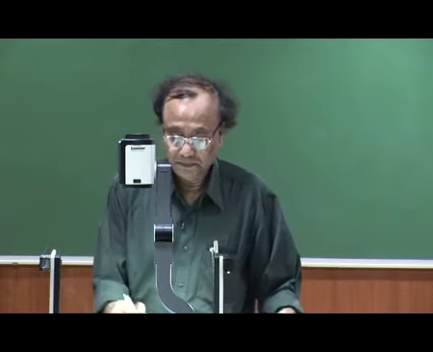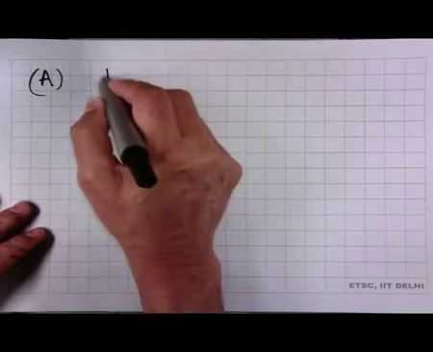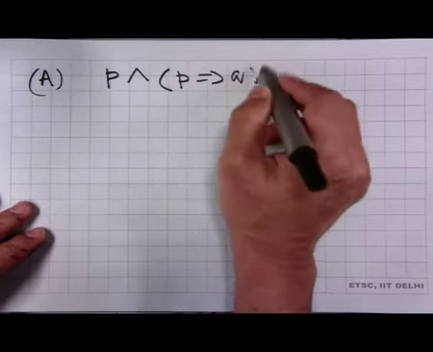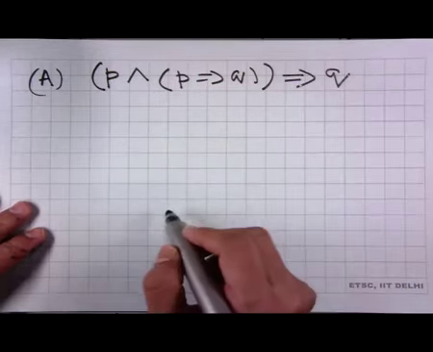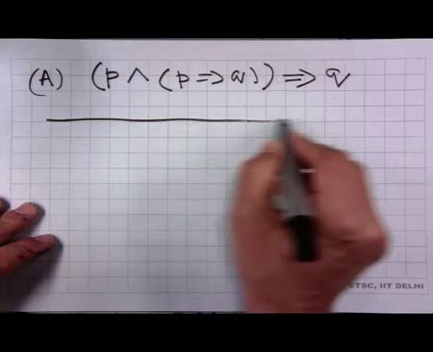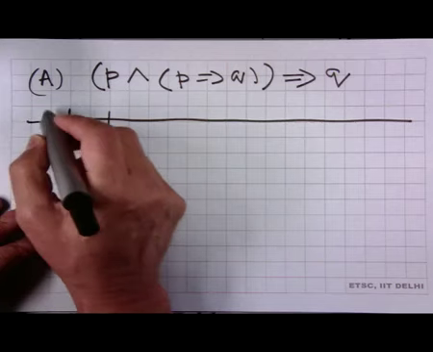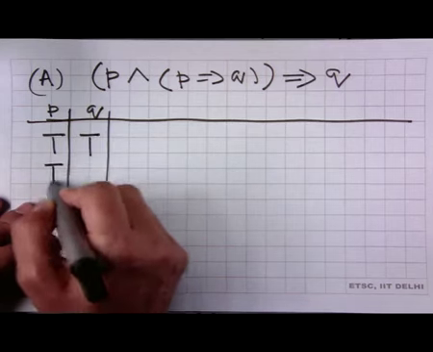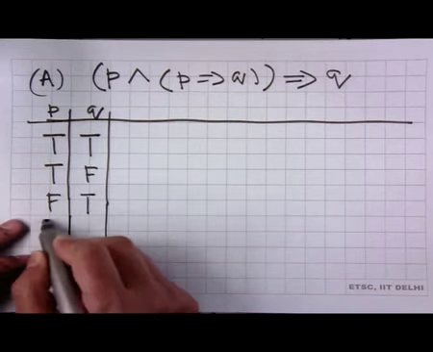So, first statement, (P and (P implies Q)) implies Q. As before, I take the four possible choices of values for P, Q, namely true true, true false, false true and false false.